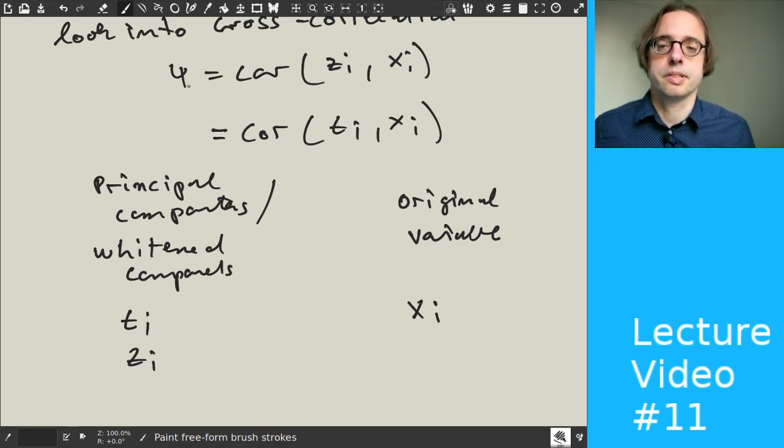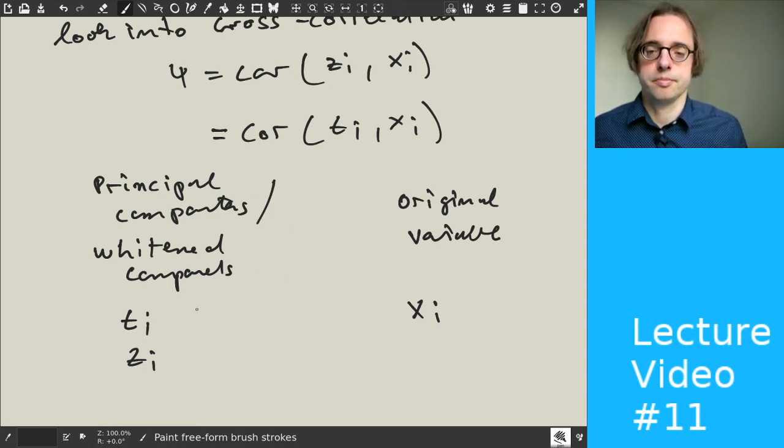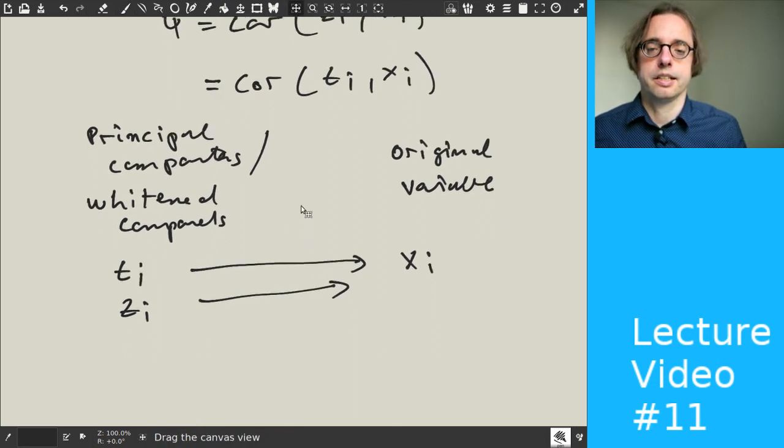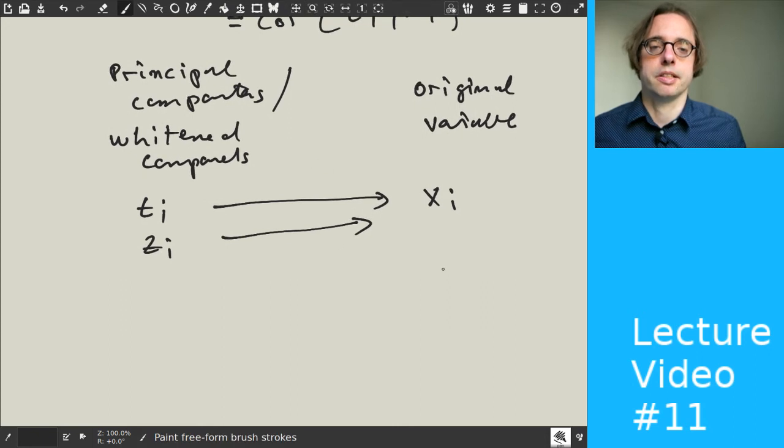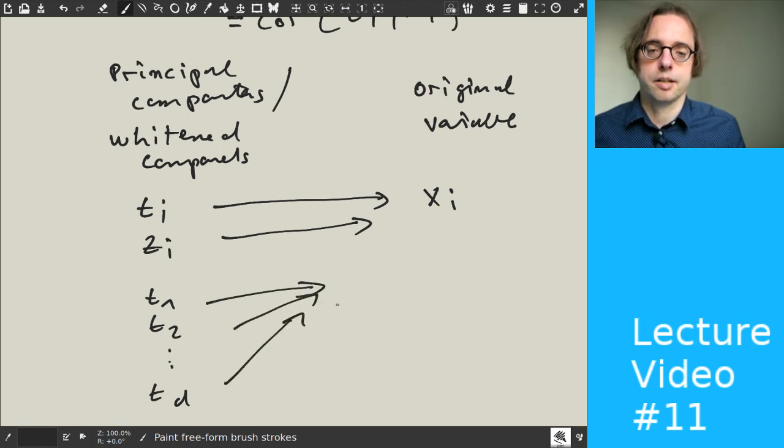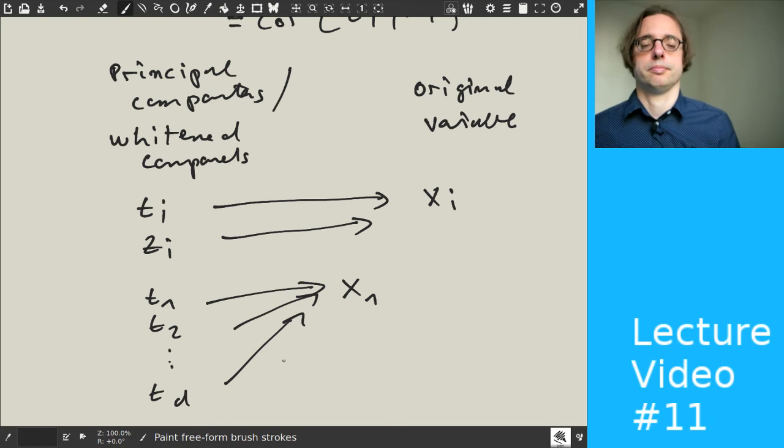So this psi gives us the correlation between each ti and one of the xi. So we can basically link the latent variable with the original variables. In particular we can do the following. Let's write it out. We can have t1, t2, td, and they all link up with x1.